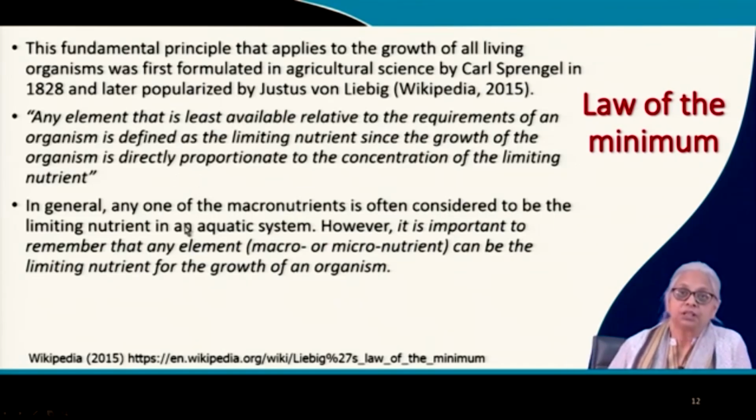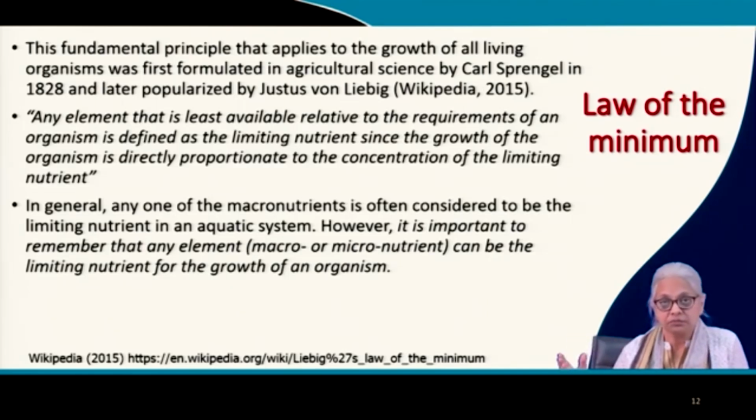Any of the nutrients that we have seen in previous lectures can be a growth limiting nutrient, but for simplicity, because it's very difficult to do complex things, everything that we do in the lab and the assumptions we make for environmental conditions are often very simplistic, and we assume that one of the macronutrients is the growth limiting nutrient.